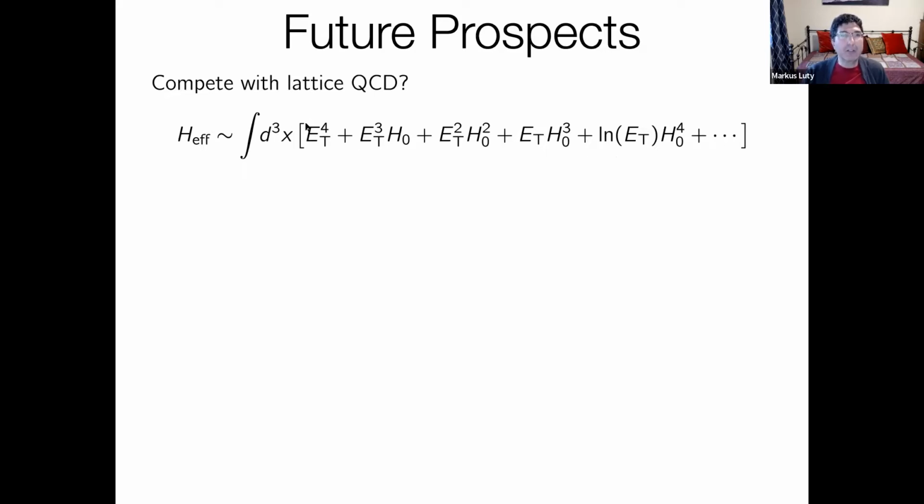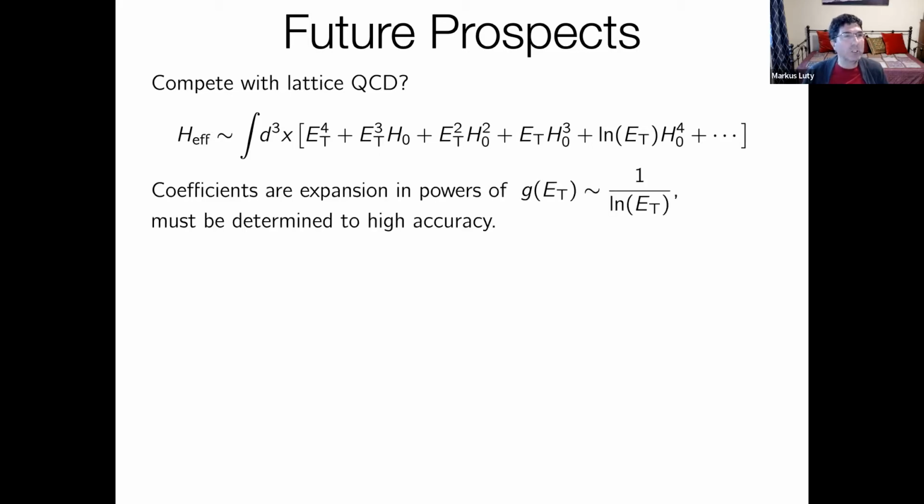This term doesn't scare me because it's just a cosmological constant term, but all of these other terms, cubic divergence, quadratic divergence, linear divergence, log divergence, would have to be computed very, very precisely in order to get an accurate answer. The coefficients in these can in principle be computed in a weak coupling expansion, but the weak coupling only goes to 0 logarithmically with E_T.